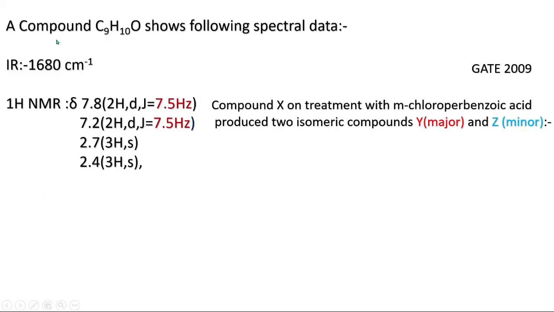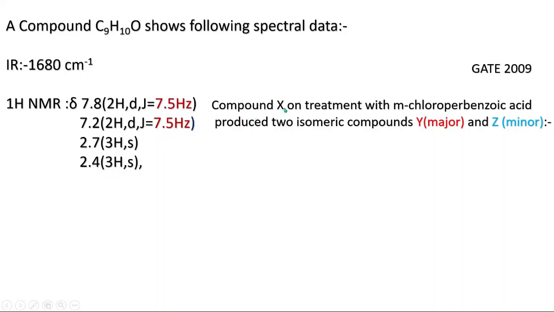There is a compound C9H10O that shows the following spectral data. They have given IR 1680 cm inverse, and 1H NMR: 7.8, 2 hydrogen doublet, J equal to 7.5 Hz; 7.2, 2 hydrogen doublet, J equal to 7.5 Hz; 2.7, 3 hydrogen singlet; 2.4, 3 hydrogen singlet.